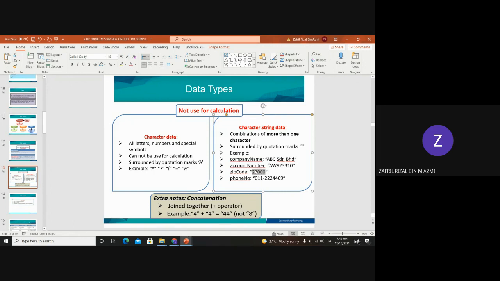Okay, I give you an example. For example, house number equal to 7. Is it suitable for me to declare it as character data?